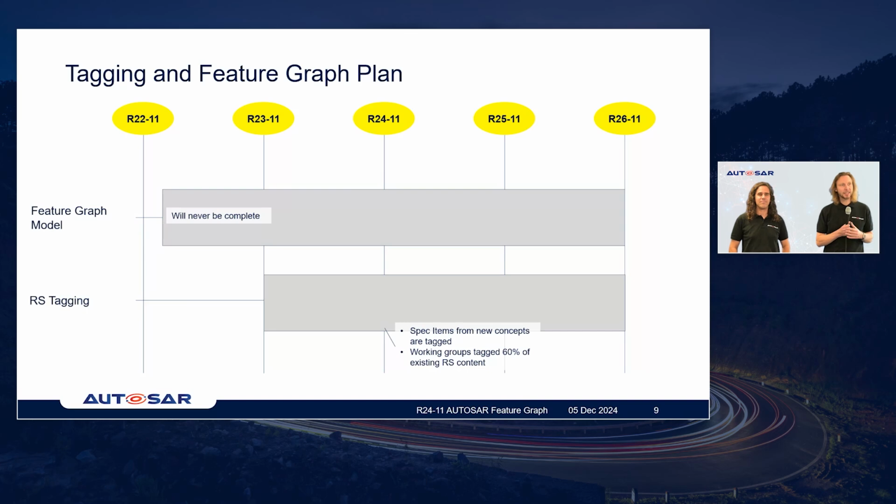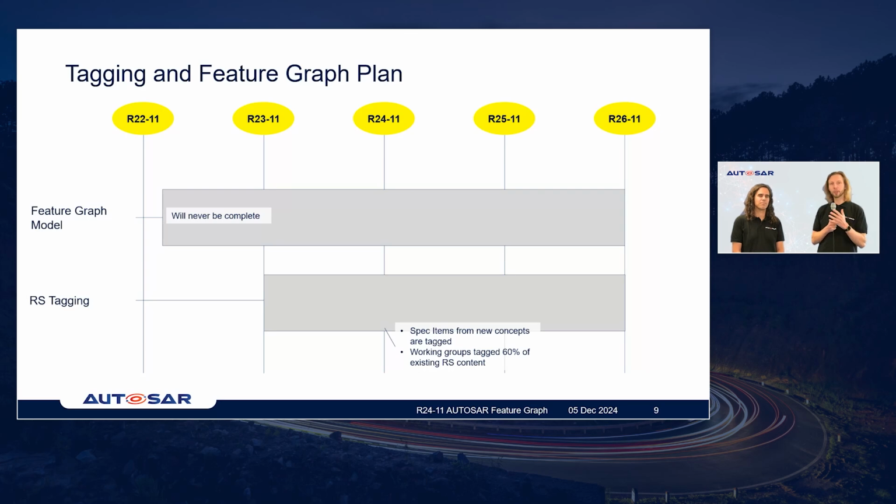So now we can see basically what will happen in the nearer future. Our initial goal was basically to ease navigation in the whole standard. So in this case, the tagging is also a big part. And as I already mentioned, we had to start first collecting what we wanted to tag it with. So in this case, we started with a feature.